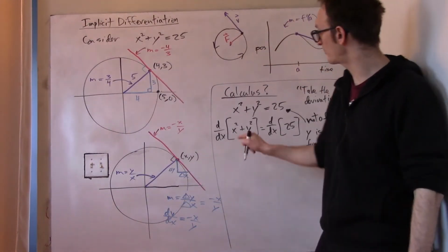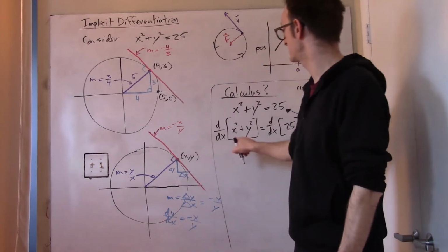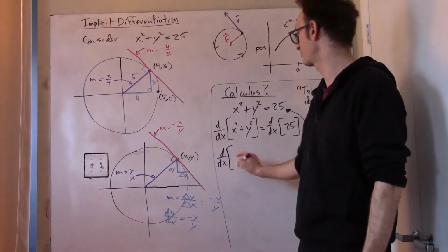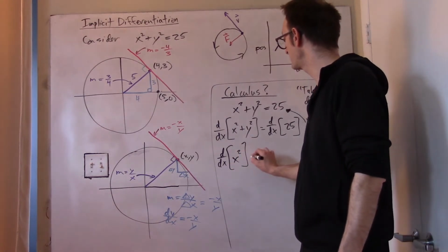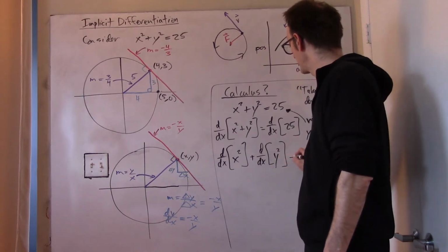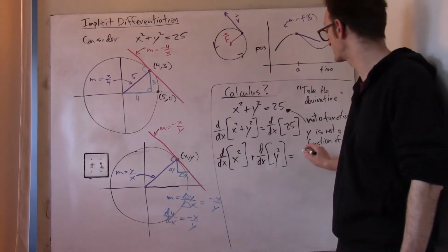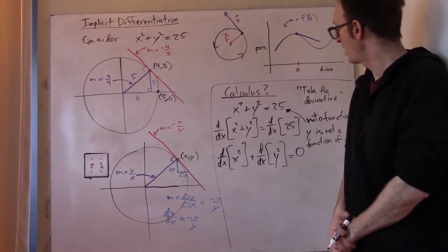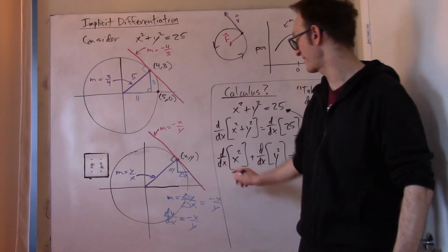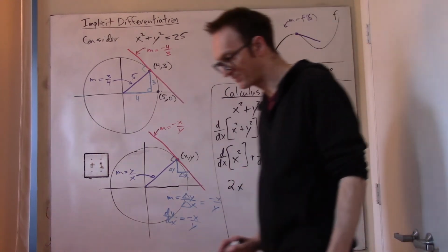Here, for the first time ever, we will be careful. This is a sum of two things, so I'm going to write it as the derivative with respect to x of x squared plus the derivative with respect to x of y squared. And of course the derivative of 25 is just 0 because that's just a constant. Great. What is the derivative of x squared? Of course that's just 2x, so there's nothing to talk about there.